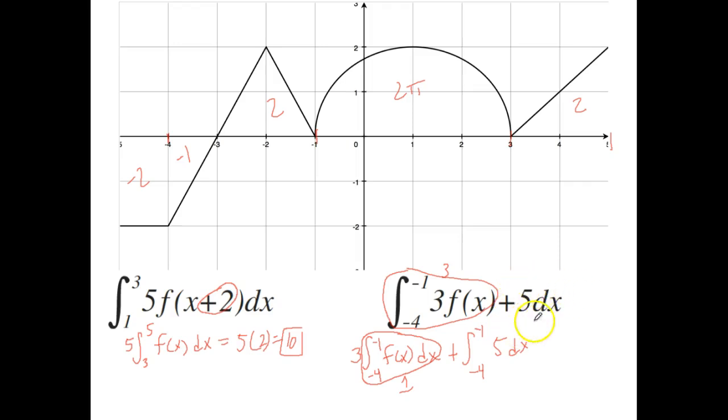Now dealing with this 5 that's over here, doing an integral with 5, that's not going to be dealing with this graph at all. That's going to be doing boost and divide like you guys know how to do. And so if you boost and divide this, it's going to be 5x. And then we would put brackets around it. We're going to go from -4 to -1.